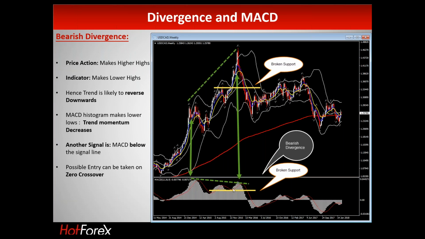It is indeed above zero, it is positive, but the histogram and the signal line itself are making lower peaks, lower highs. You see that? If you plot a trend line, you see that it's getting lower while your price action is getting higher.